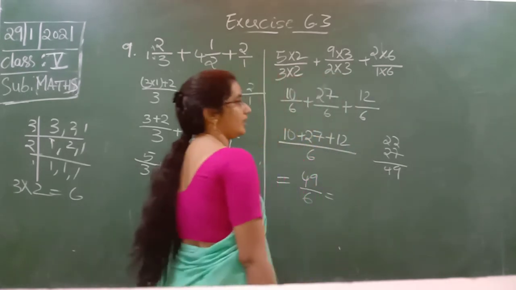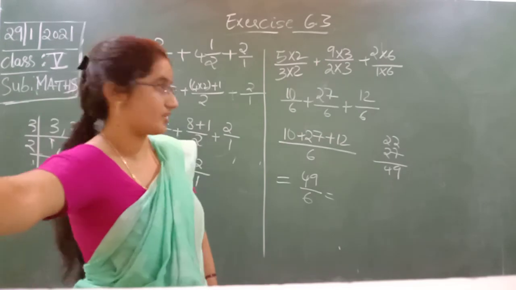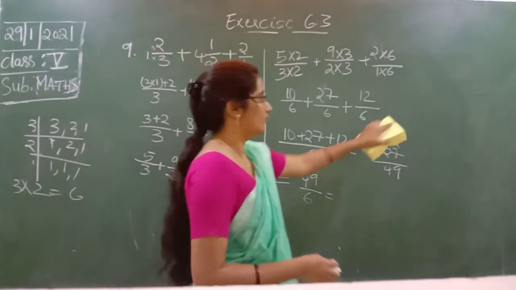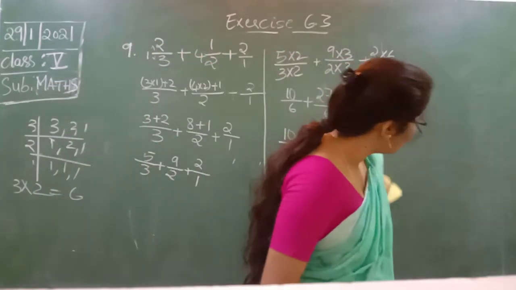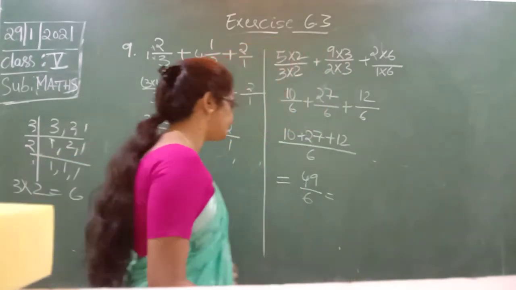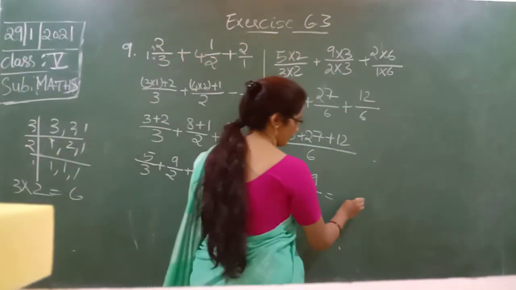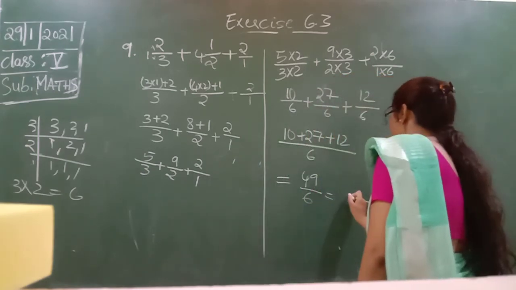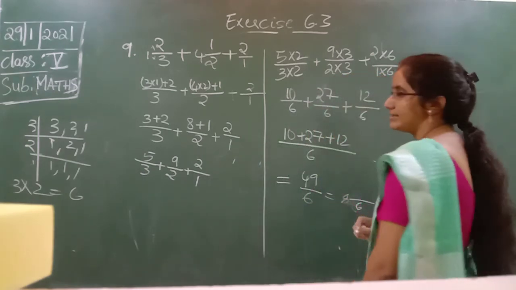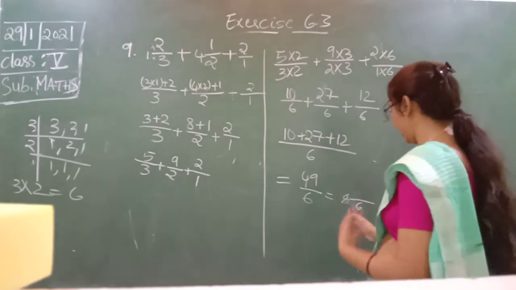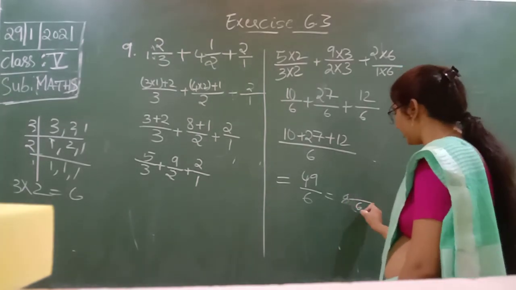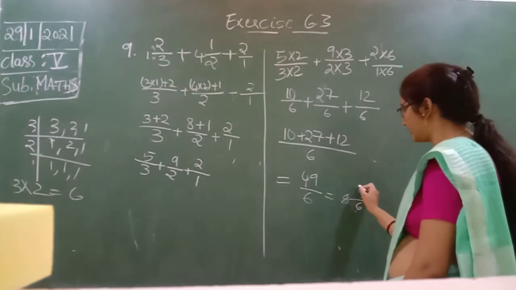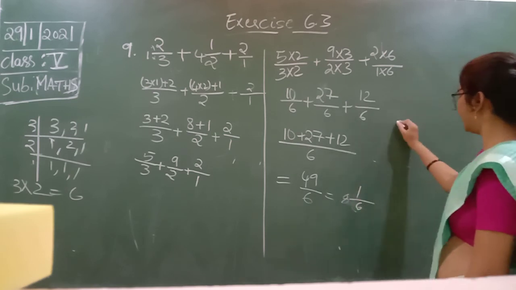Convert this improper fraction into a mixed fraction. 6 eights are 48, right? 6 eights are 48. Then 48 plus 1 is 49.